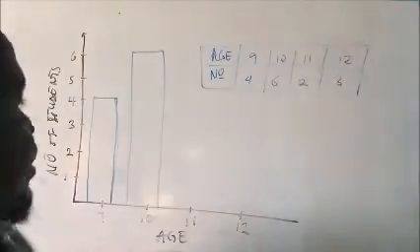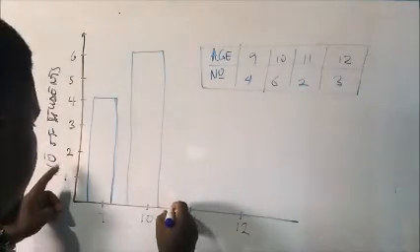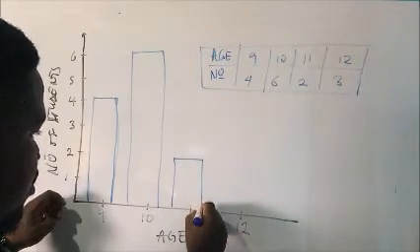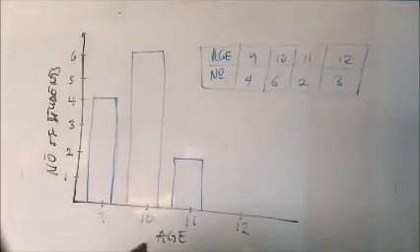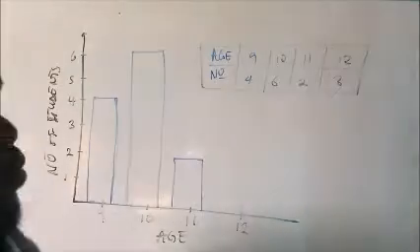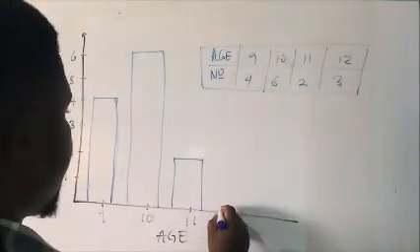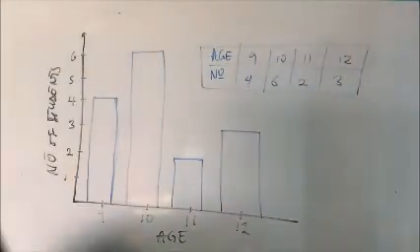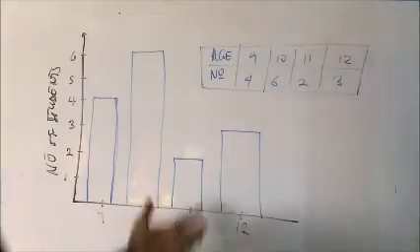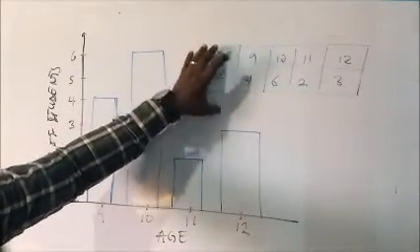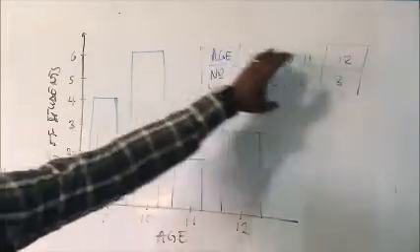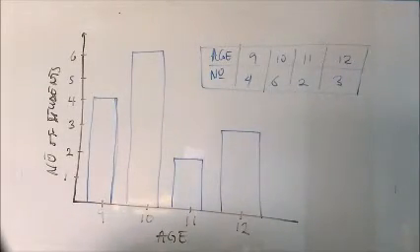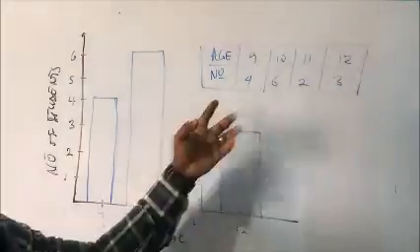Then those who are of the age 11 are 2. So we are talking about just here. Very good. And those who are of the age 12 are 3. So we go here. Perfectly. Now I have presented my data on a bar graph. It's very simple.